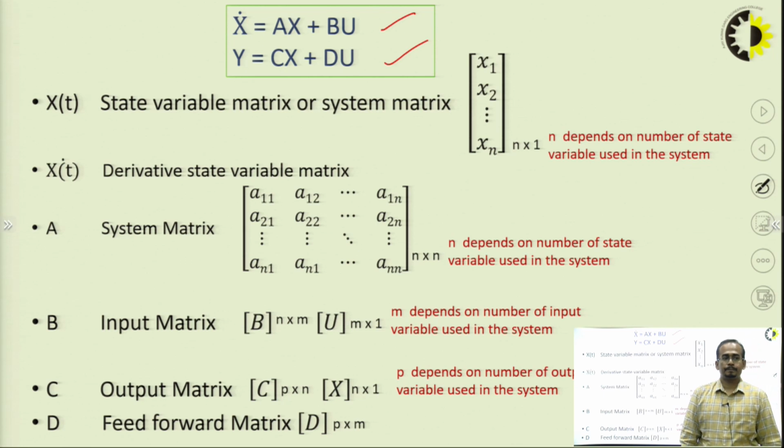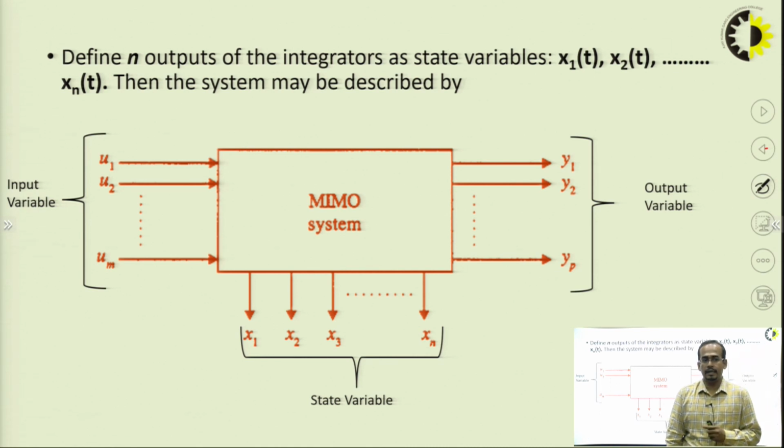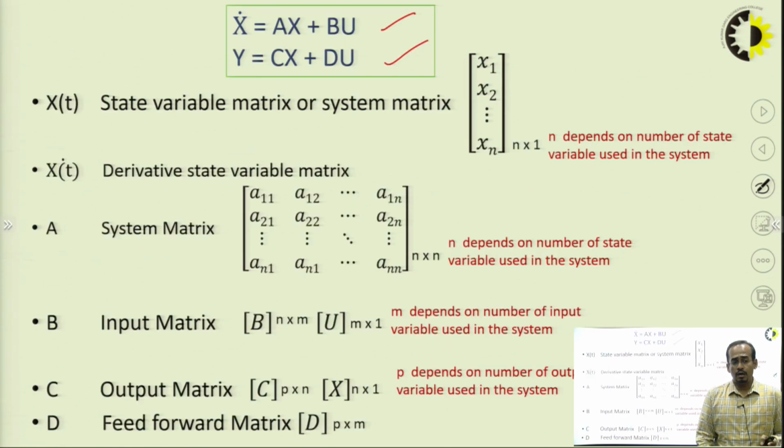But what are A, B, C and D? It has already been shown in this figure that there are n state variables, m inputs and p outputs. So A is nothing but the system matrix of size n cross n. This n depends on the number of state variables used in the system.